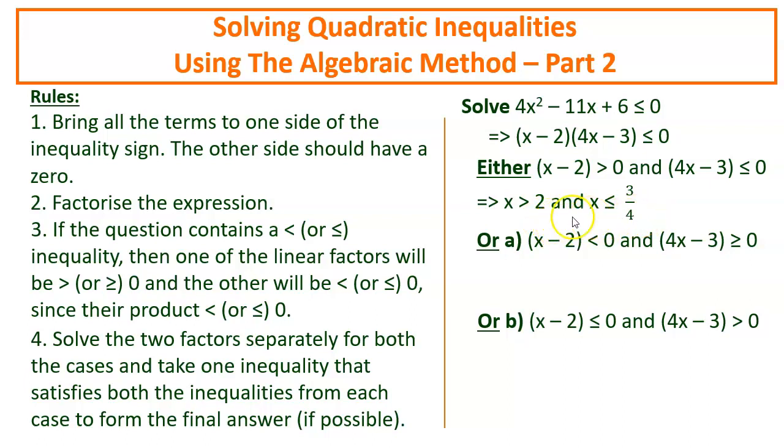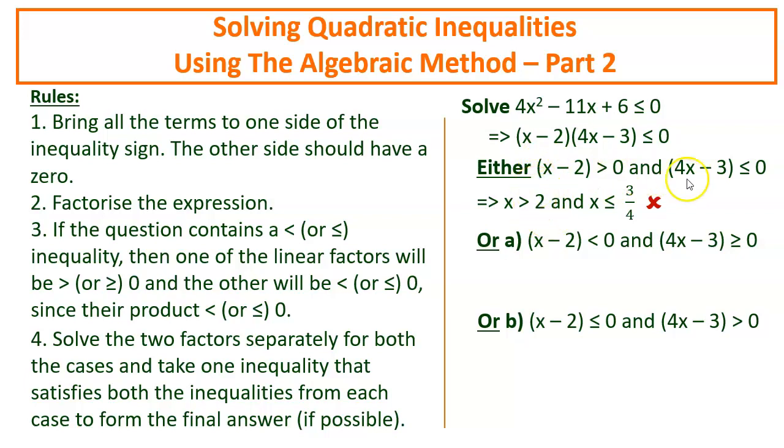Okay? So that means we cannot have any number which will be satisfying these two inequalities simultaneously. That is why we cannot take this either subpart. So now you should be able to understand why I have not taken the further two subdivisions.